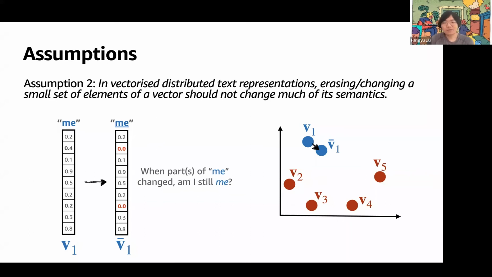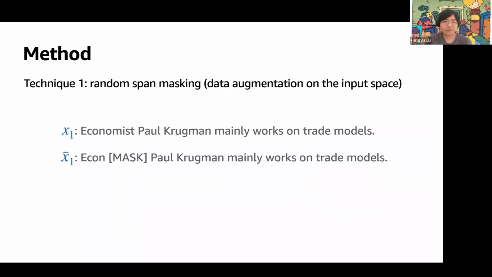So based on the two assumptions, we proposed two types of data augmentation techniques for text models. The first, we call it random span masking. It's data augmentation on the input space. Specifically, given a sentence like x1, we simply randomly mask a span of fixed length and replace it with the mask token, which is quite typical for a BERT model to have.